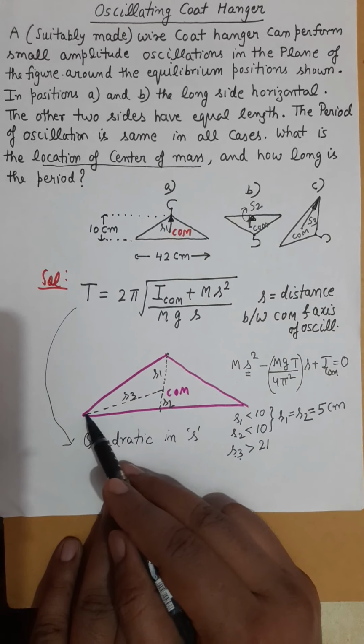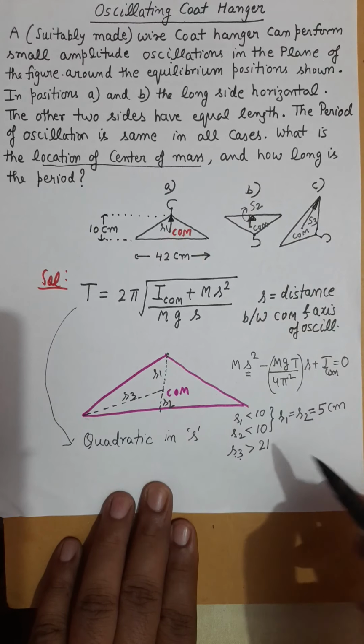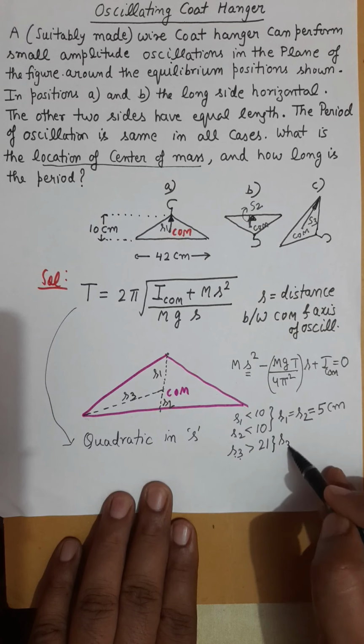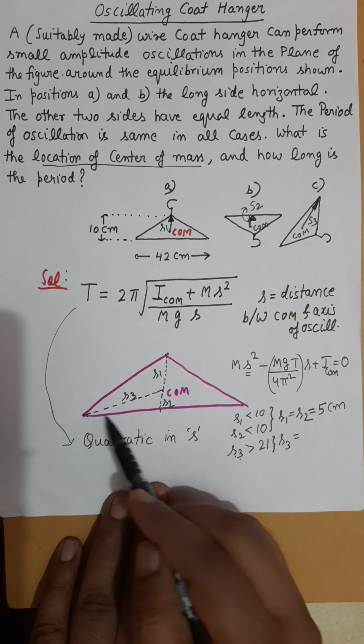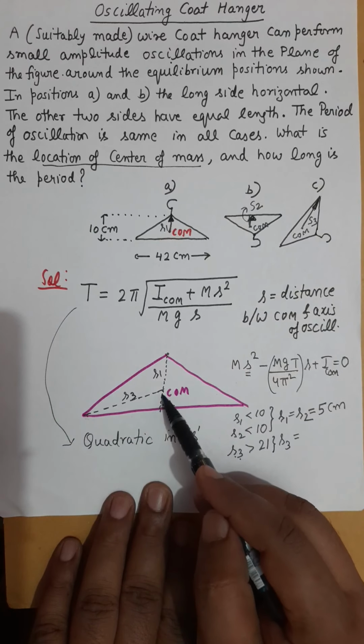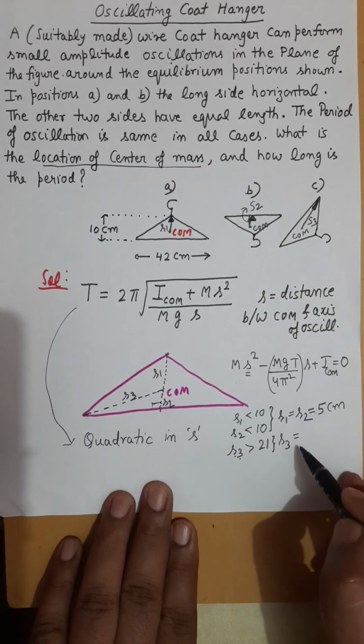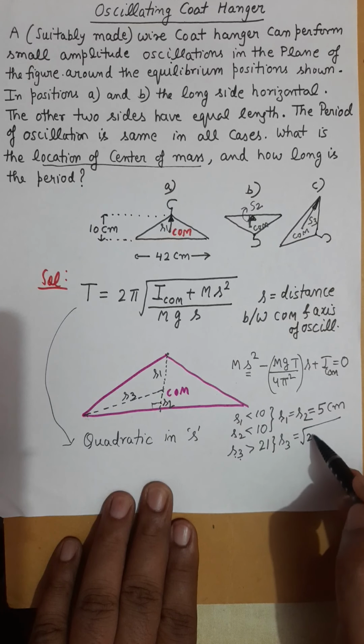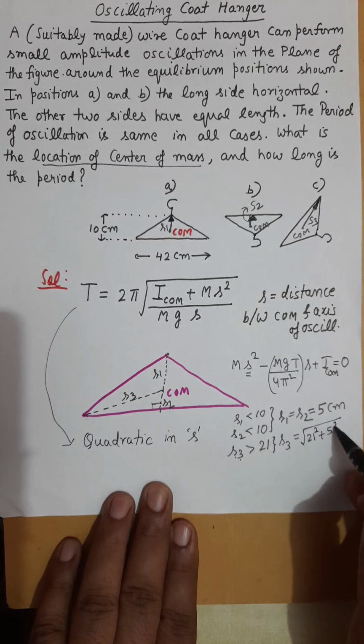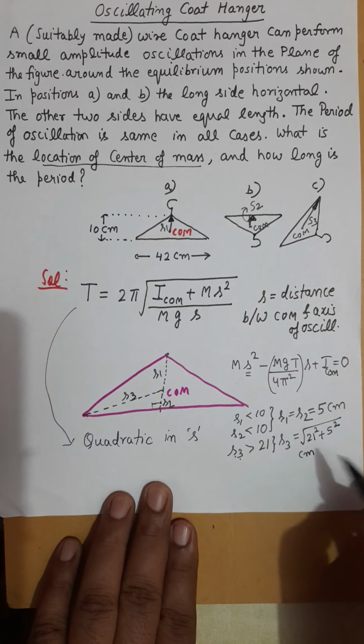And s3 can be obtained by the Pythagoras theorem. This is 21 and this height is 5, so you can apply the Pythagoras theorem for s3. It is square root of 21 square plus 5 square, and the unit should be centimeter.